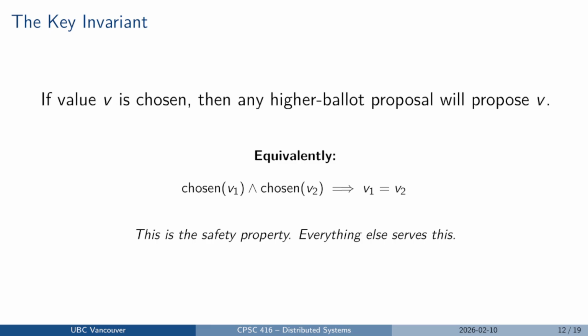So this gives us this observation that says if we have two different values that have been chosen, then that implies that they are the same value. You can actually express this in TLA+. That would be an invariant in TLA+ that says this has to be true.